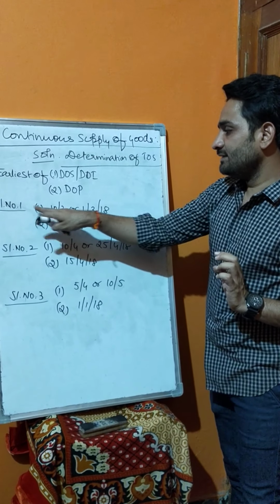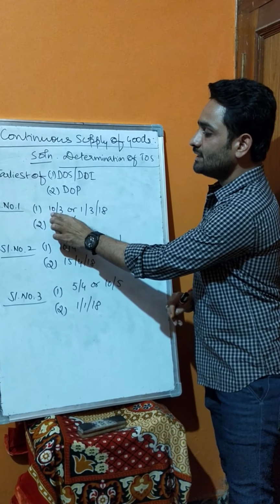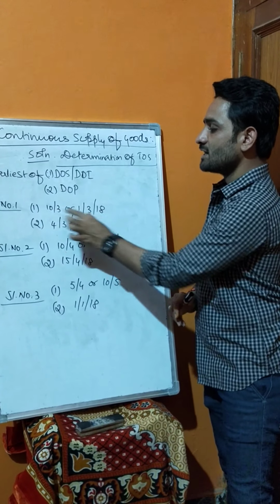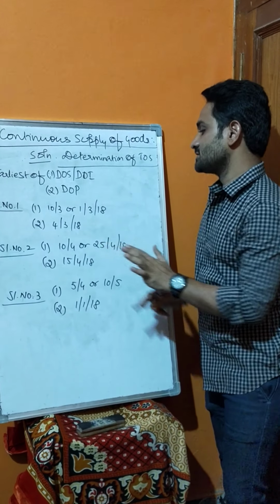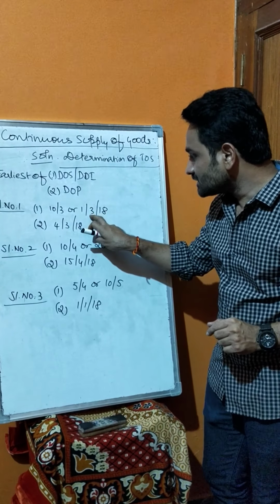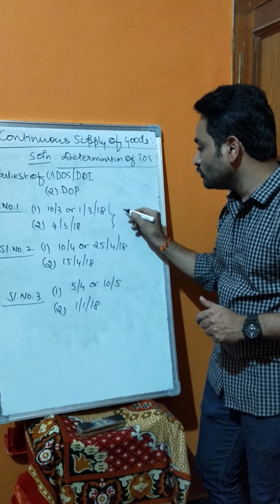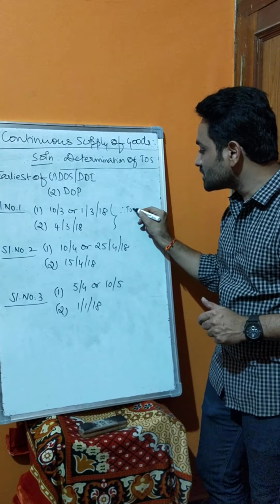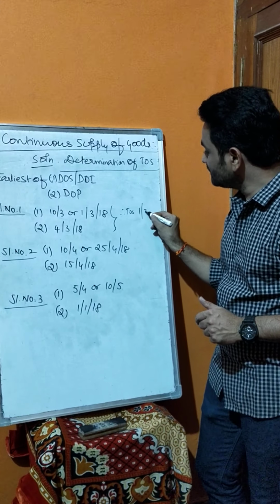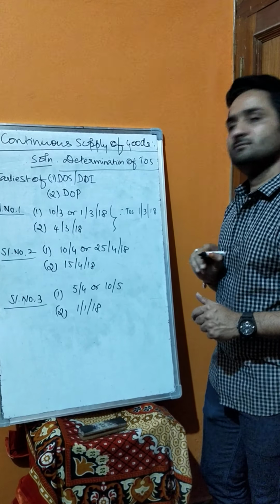Look here, in serial number 1 they have given 10th March or 1st March, whichever is earlier, 1st March. Now you need to compare 1st March or 4th March, whichever is earlier. In these two, the time of supply shall be 1st March 2018.